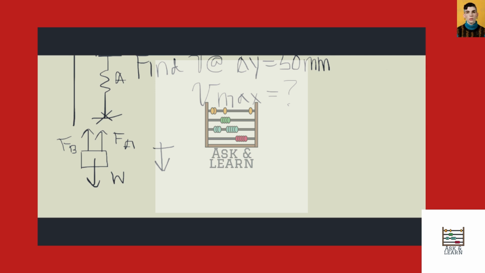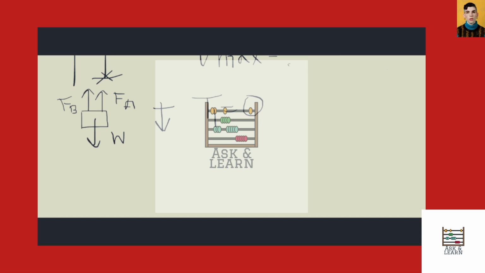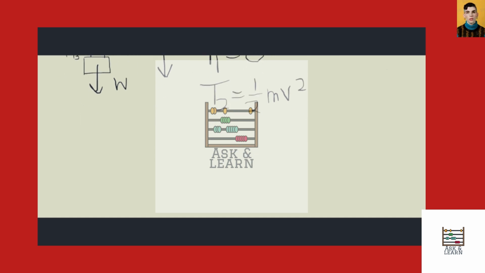So using our kinetic energy and work relations, we know that the initial kinetic energy is 0 because the system is starting from rest, and we know that T2 is simply 1/2 mv squared, the kinetic energy of the block. So what we're going to do now is develop an expression for our work. Work from 1 to 2, there are 3 forces at play here.